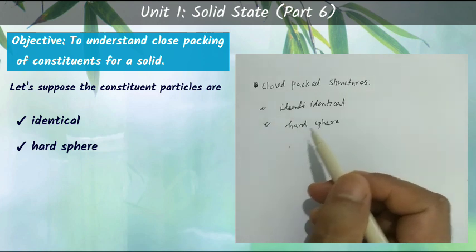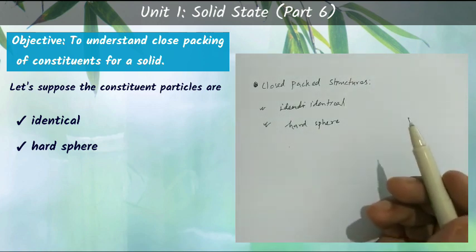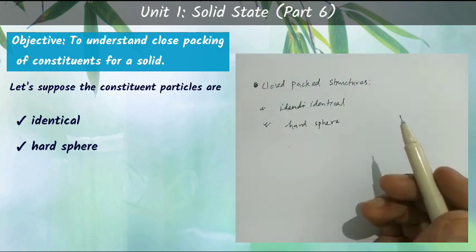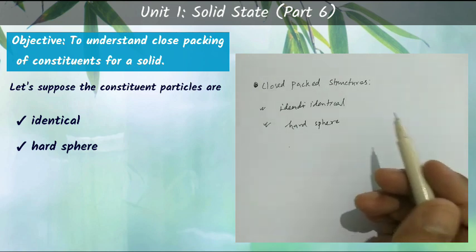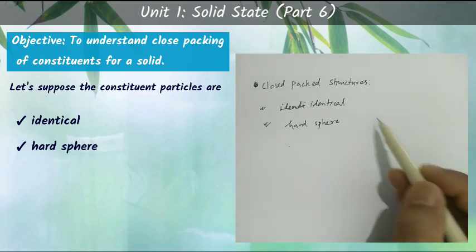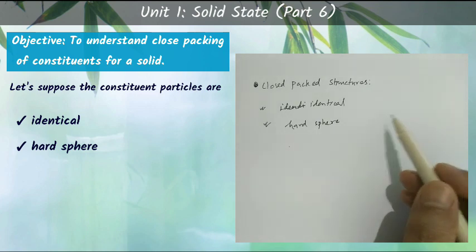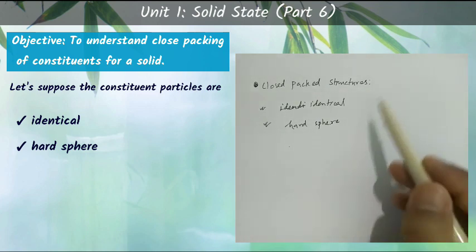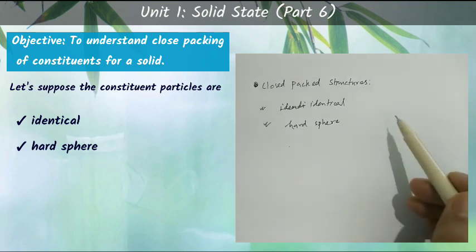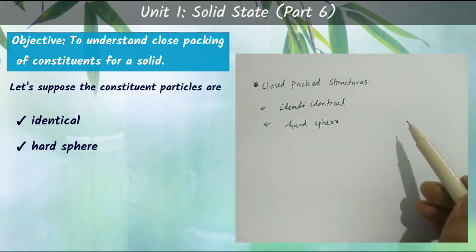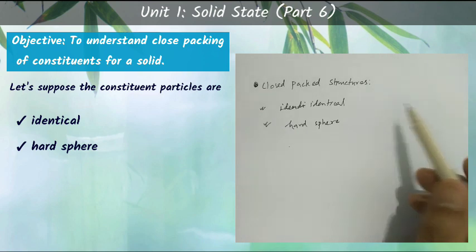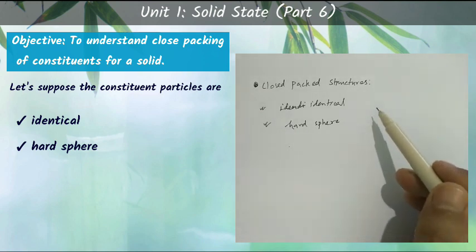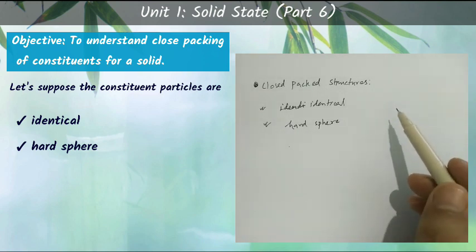Actually the constituent particles, that means the atoms, molecules or ions, are not so hard, because what is an atom? There is a positive nucleus, and there is a cloud of electrons, that means the probability of finding the electrons in the orbit. So they are not so hard.